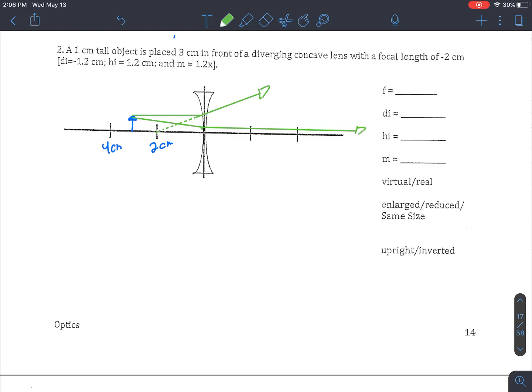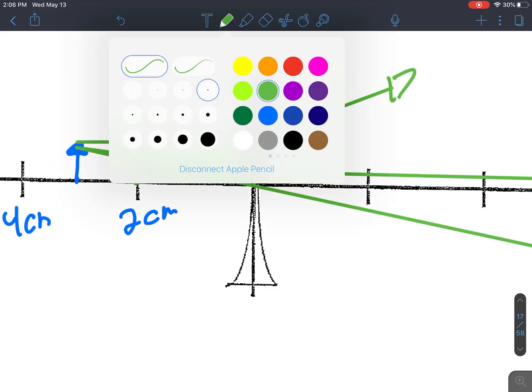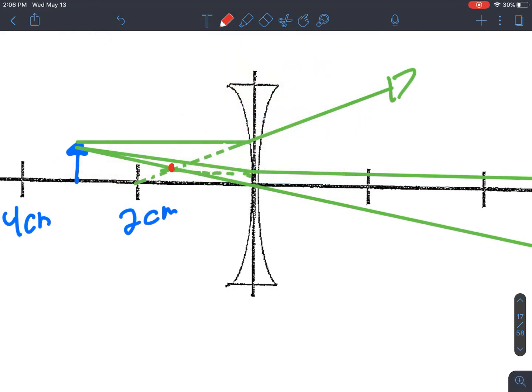But again, it's like that is coming from back here, and then through the center. And something I'm doing that I didn't know in the beginning, make sure all of your light rays start at the same point, meaning the top of your arrow. I did not necessarily do that. But if we zoom in, it appears that they all focus or converge right there. So that means that's where our image would likely be.